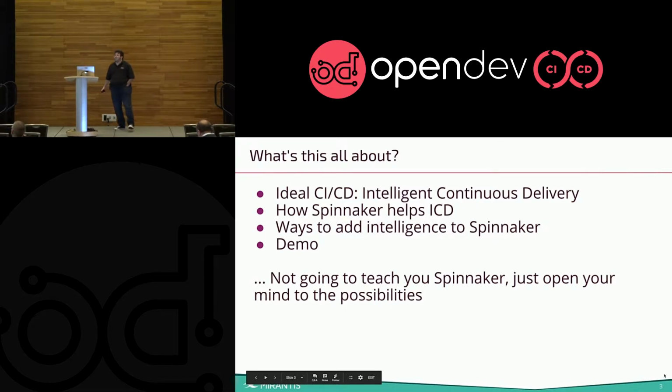So today we're going to talk about a concept I'm calling intelligent continuous delivery. Raise your hand if you know what continuous delivery is. All right, good. Hey, you got to know your audience. I'm going to talk about this concept, intelligent continuous delivery, and we're going to see how to implement parts of it using Spinnaker. Do you have to use Spinnaker? No, but that happens to be what we're talking about today.